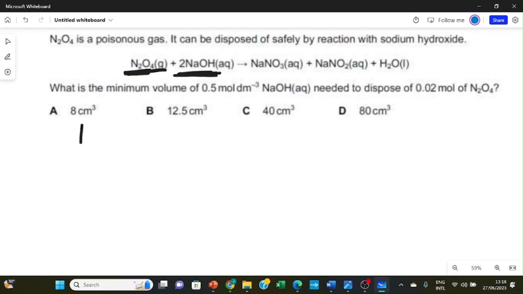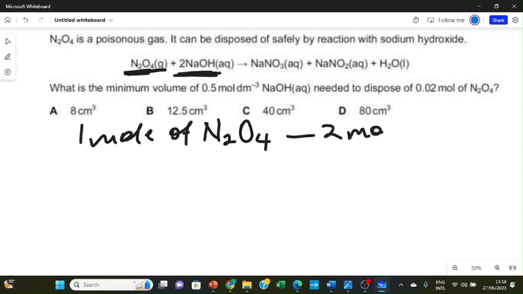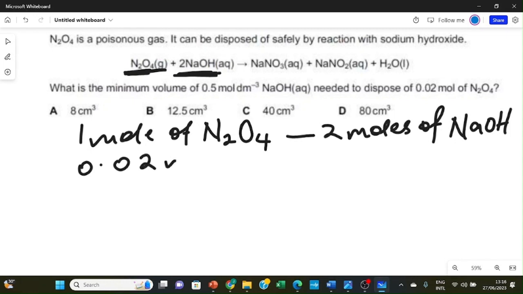So if 1 mole of N2O4 reacts with 2 moles of sodium hydroxide, therefore 0.02 mole will react with X moles of sodium hydroxide. So you cross multiply.